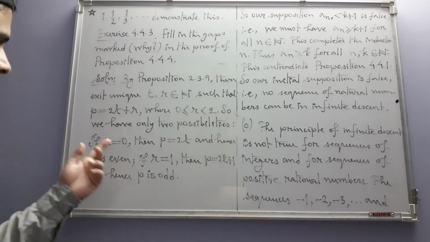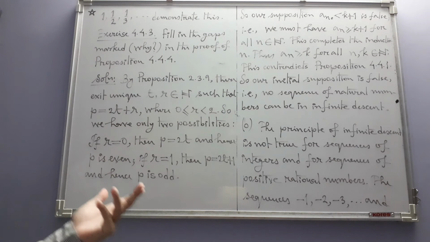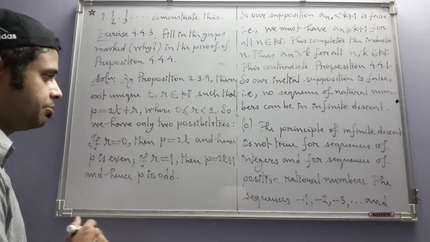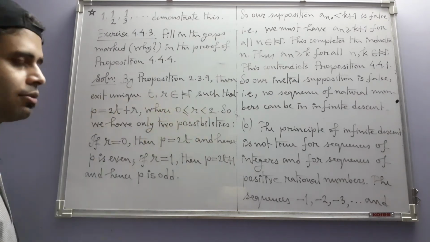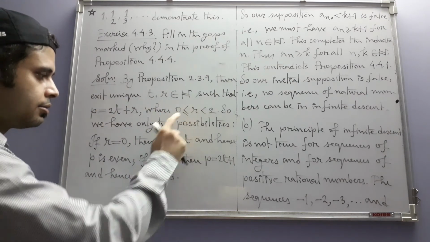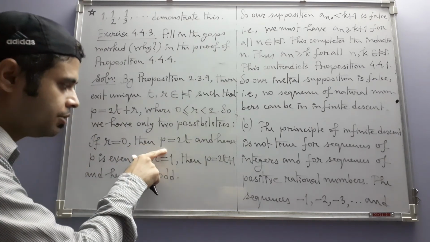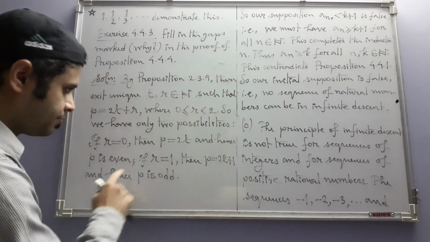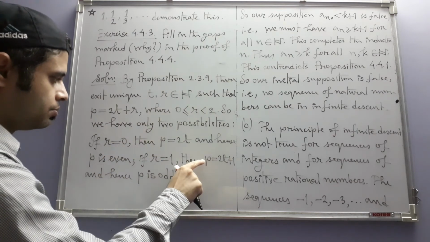So we see that the integer p can either be even or odd, but can it be both at the same time? It cannot be both at the same time, and that follows from uniqueness of r. r cannot be both 0 and 1. It is unique. For a given p there is only one r, and in this case, by the way, if you look carefully, we are dividing p by 2.